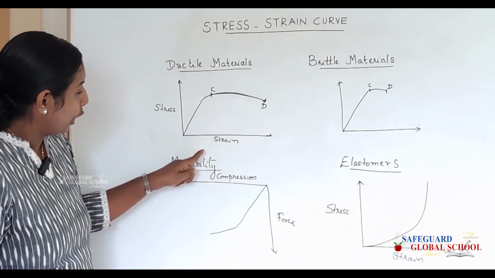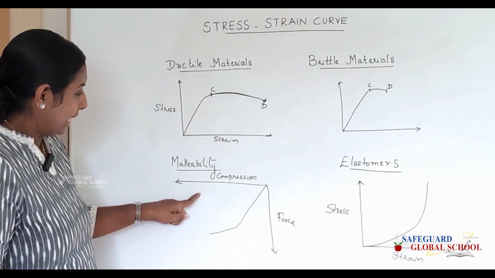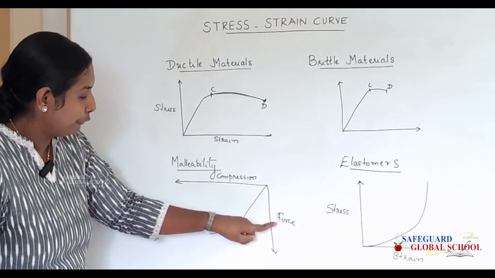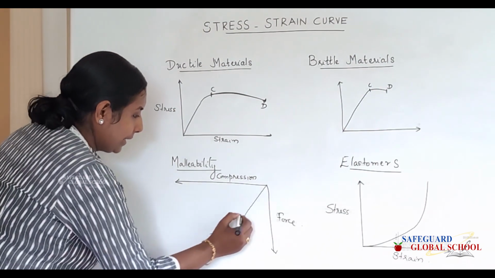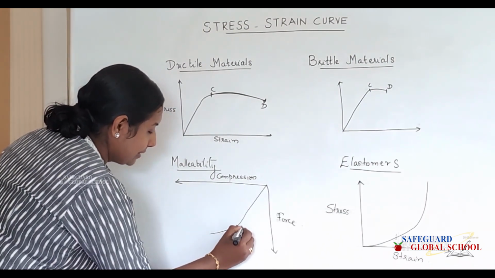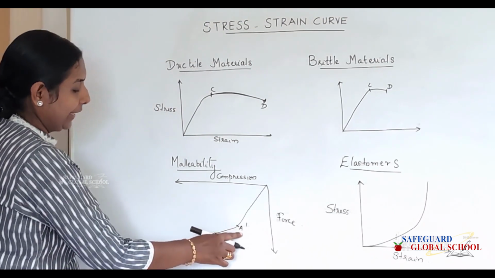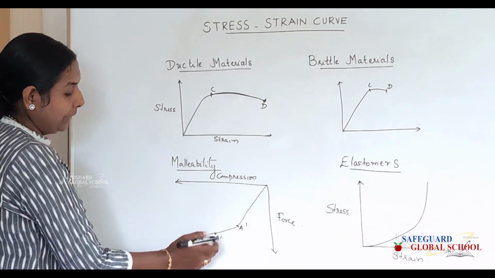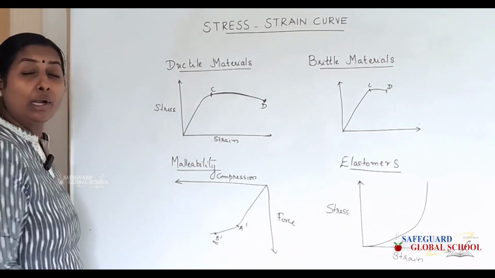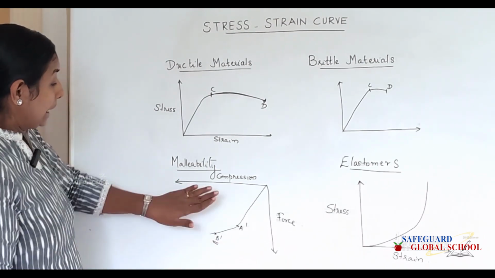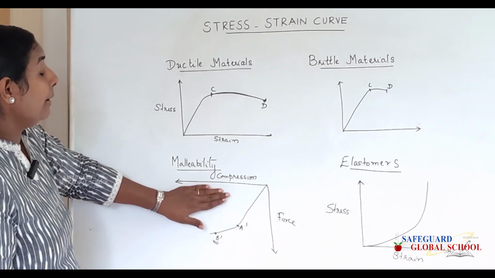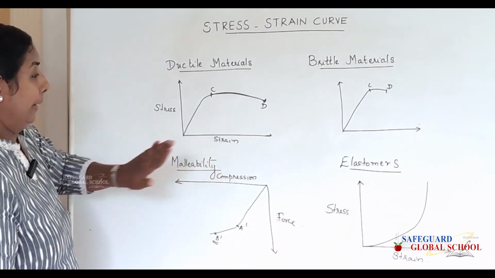So, the graph is not like in the first quadrant. The graph is like this, compression and force. There is a compression, and after this, there are two points, A dash and B dash, where A dash can be called the elastic limit and B dash can be called the crushing point. So, this is the curve of a malleable material under compression.